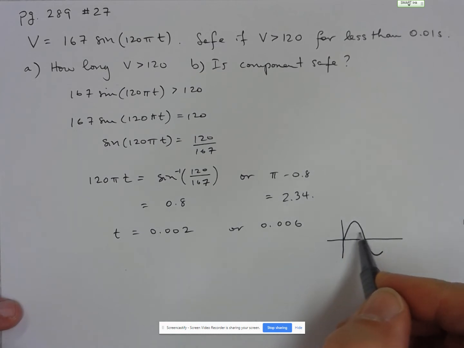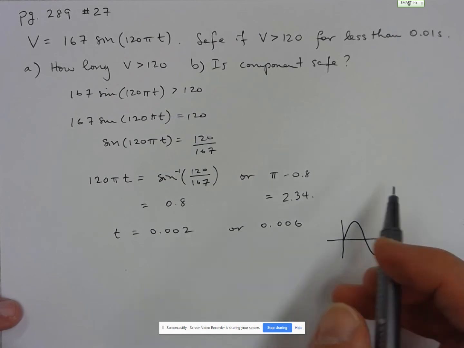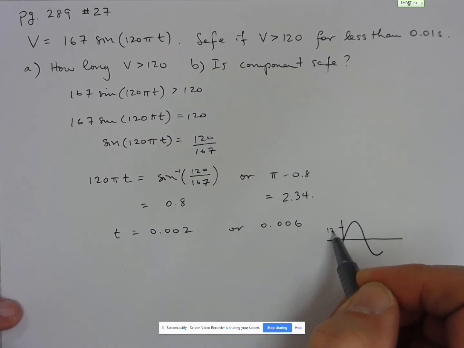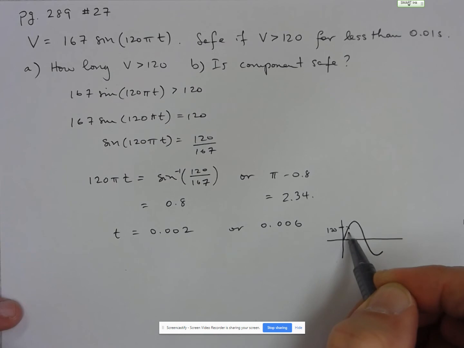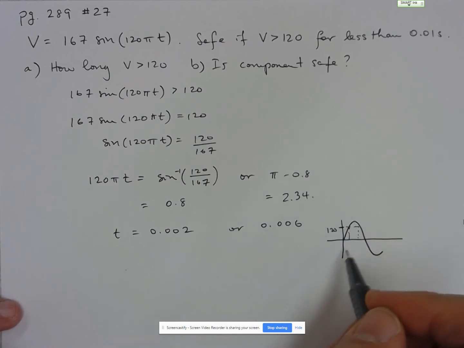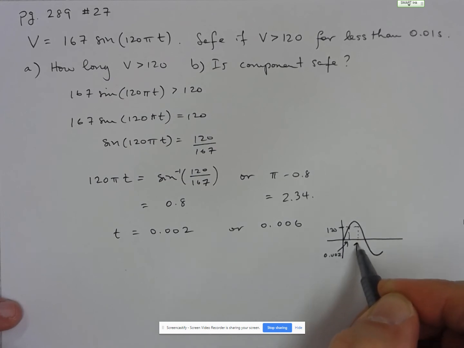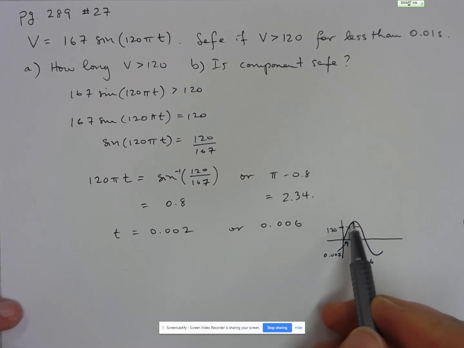I'm only interested in the first half cycle. So here, 120 will be somewhere there. So I see that there's going to be one answer here and another answer there. That means that this is going to be my 0.002, and that's going to be 0.006. And I see that it's greater than 120 between these two numbers.